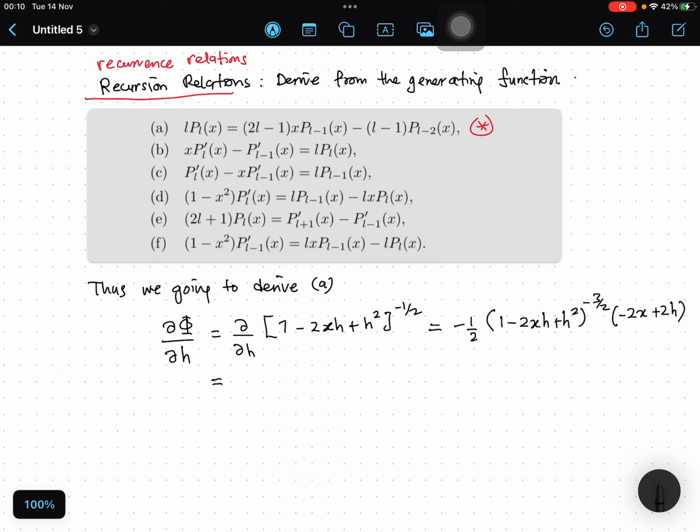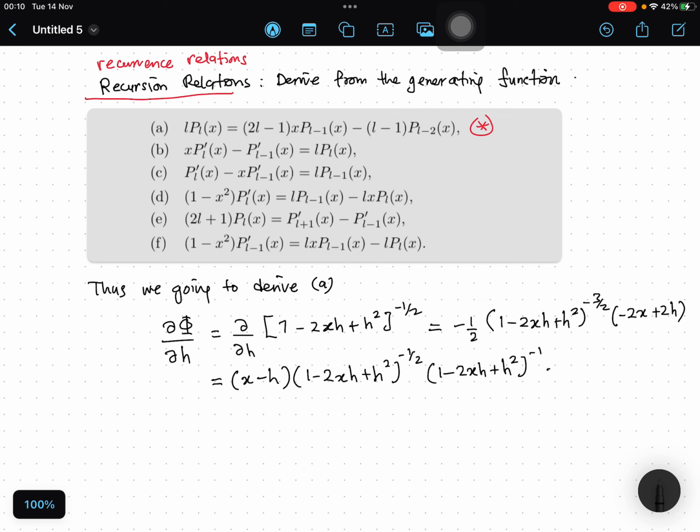Okay, so you can simplify. If you simplify, you have x minus h, and then I wrote it like this, 1 minus 2xh plus h squared to the minus 3 half, and then I have another term, 1 minus 2xh plus h squared to the minus half, like that.